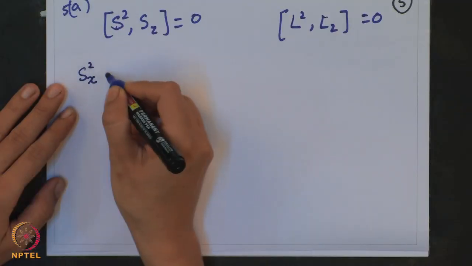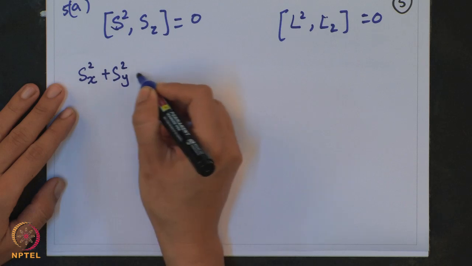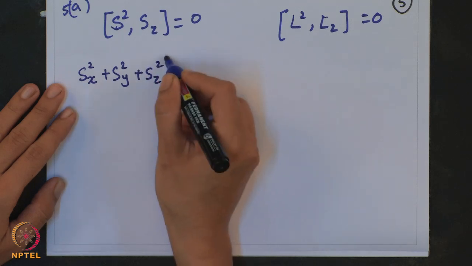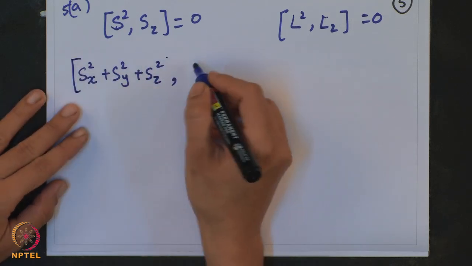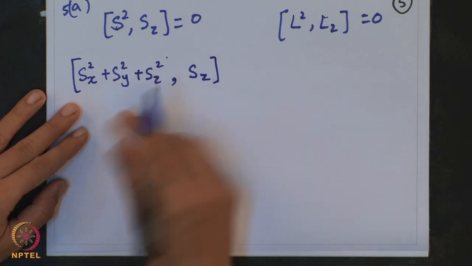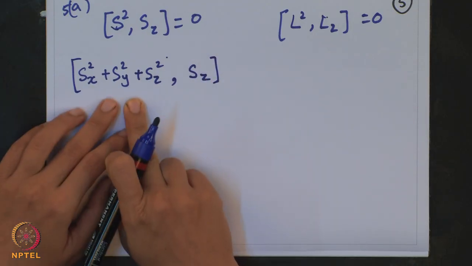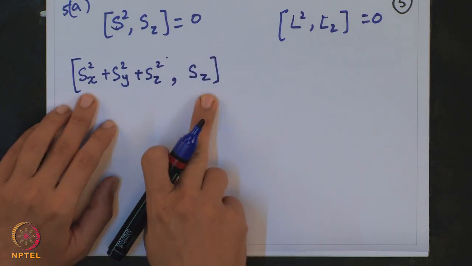So, let us start by doing Sz. You can write S square as Sx square plus Sy square plus Sz square, correct. You have to find the commutator of Sx square with Sz.